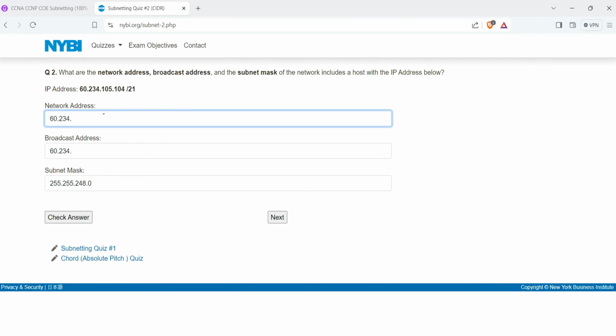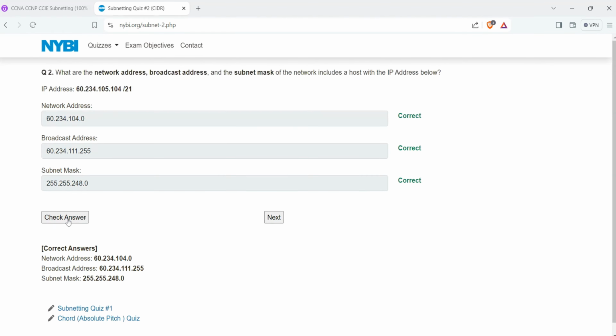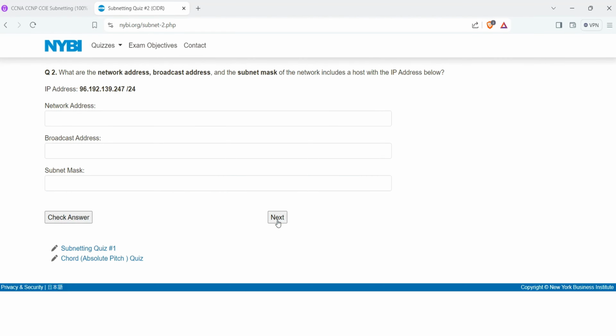Okay, 8 times what? If I'm jumping by 8, 8 times 10 is 80. 88, 96, 104, 112. So it's between 104 and 112. So 104.0. The next network is 112.0. Oh, 111 dot 255. And check answer. See that? And let's go next.